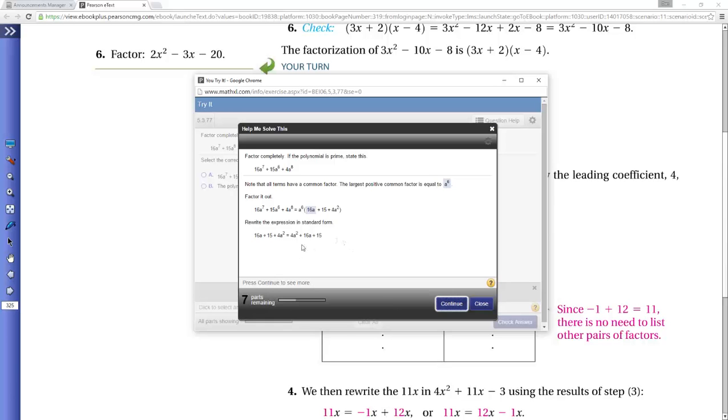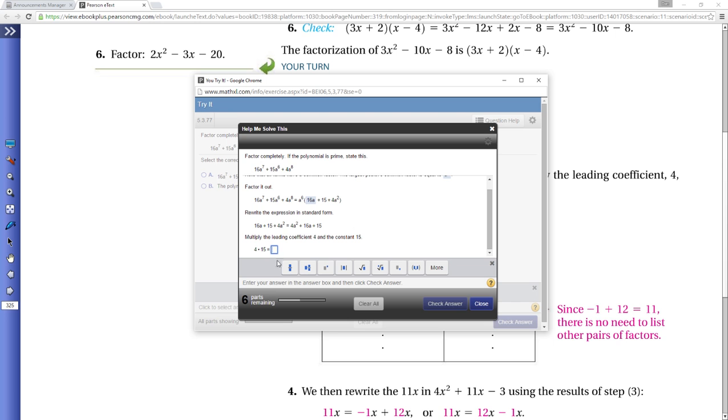So here's my new trinomial: 4a squared plus 16a plus 15. The first part of this strategy is to say, what do the coefficients multiply to on my outer, which would be 4 times 15? Well, that's 60, right? So we end up with 60.